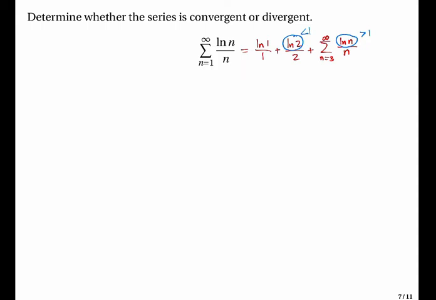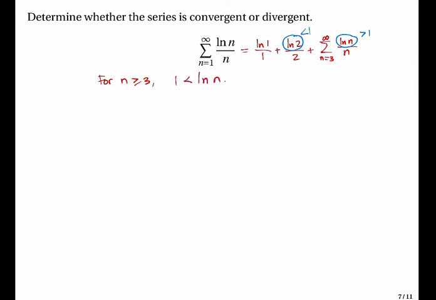So with that, for n greater than or equal to 3, we have 1 less than ln of n.